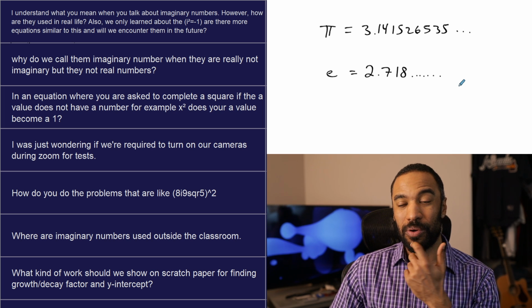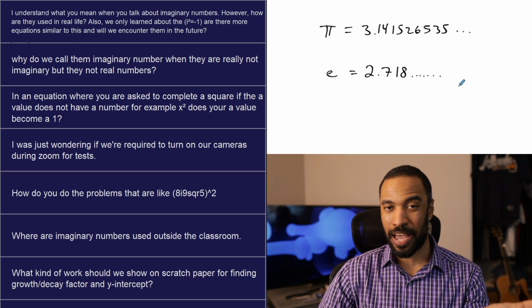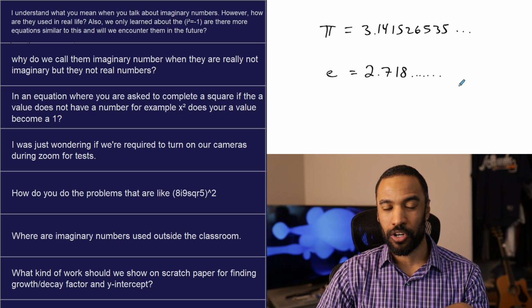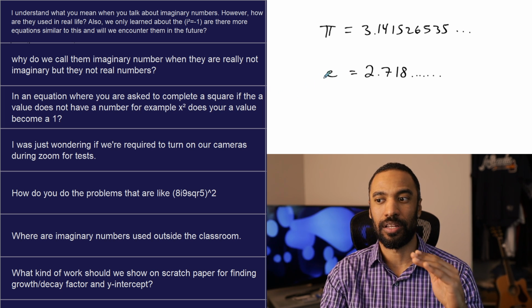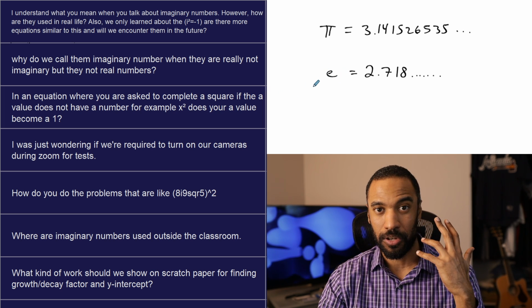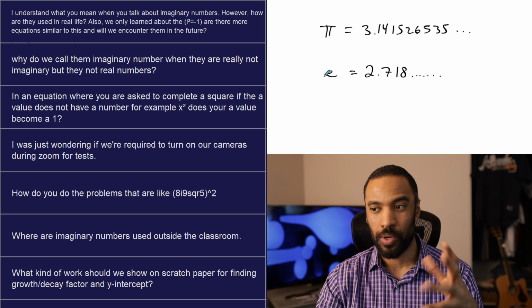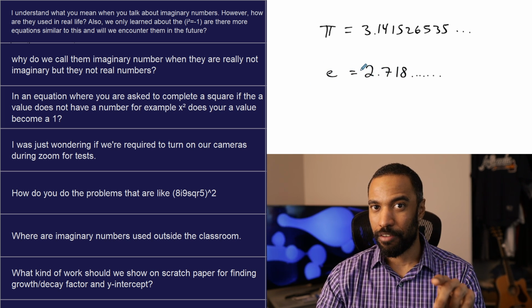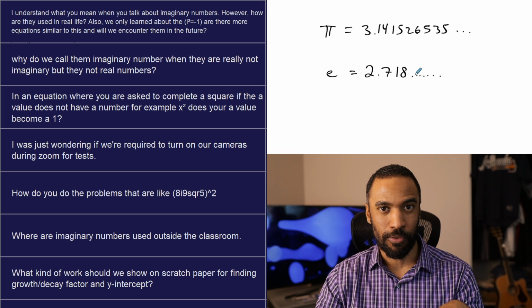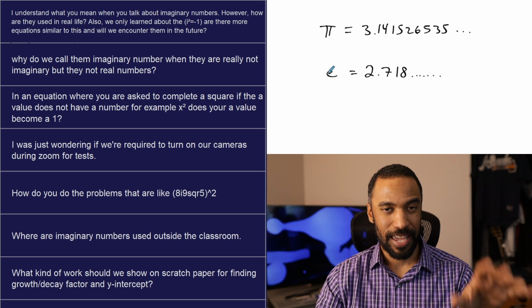I wish we got to go into this literally in the thing we're talking about right now. When you guys go into IM3, you're going to be learning something called continuously compounded interest, and you are going to be using the letter e for things. You're going to be using something called natural log, which has to do with the letter e. So you're going to be using this number. Now, you often will just let the calculator do it for you, or your answer will just have an e in it.